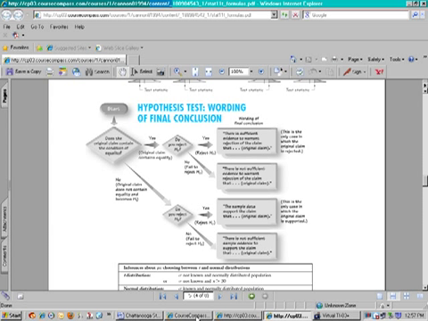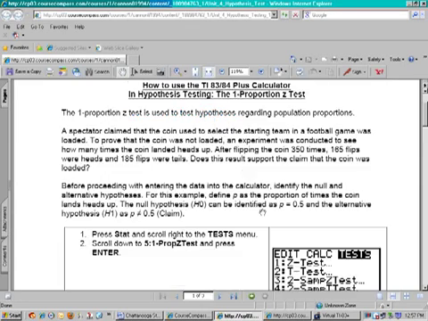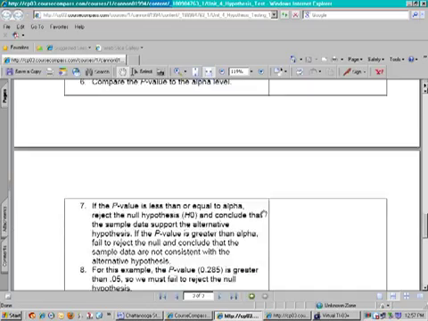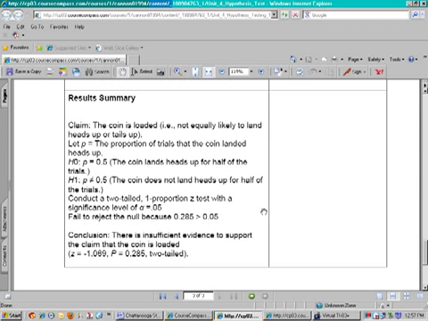If you go back to this handout, you can see down at the bottom, this is written out for you. Here's our claim. So notice the claim: the coin is loaded. That's the original claim.